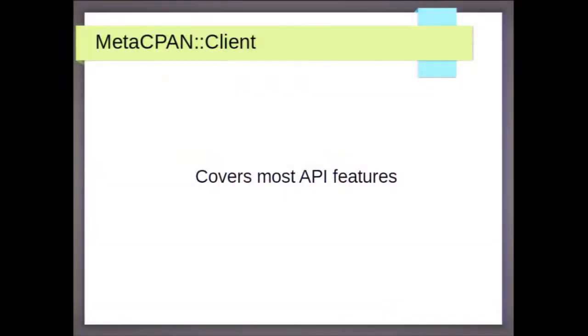And we want to basically simplify all the interaction between the user and the MetaCPAN without the need to provide Elasticsearch syntax and read Elasticsearch syntax, because we don't want your code to be dependent on that if we can provide a simple API that you can always use and always trust, even if the backend is changed.